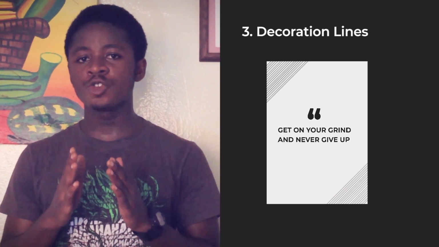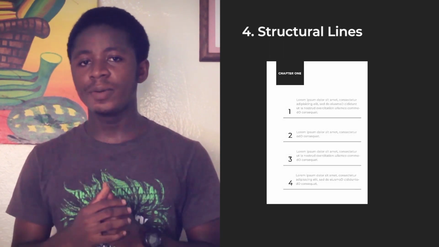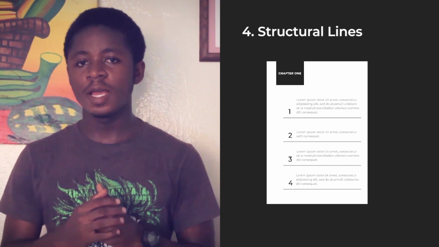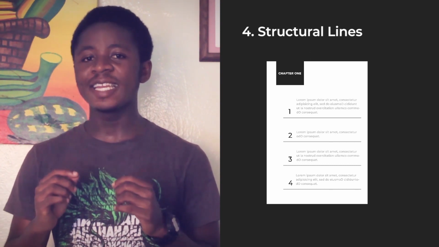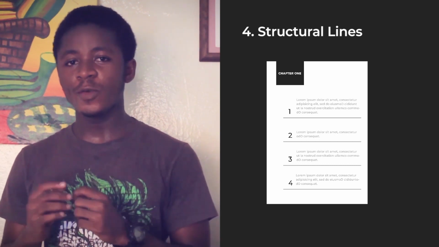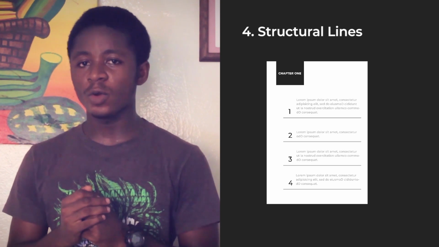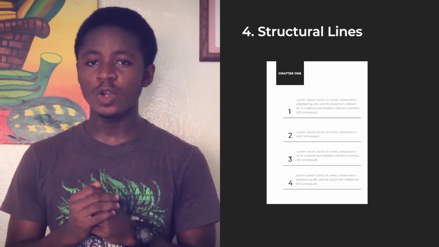The last line is structural line. Now we all have seen magazines and newspapers, even books. This example shows a table of contents of a book and how line is used as a structure. The first one is used as the background for the chapter 1 typography. The darker line, that is one line forming a structure.